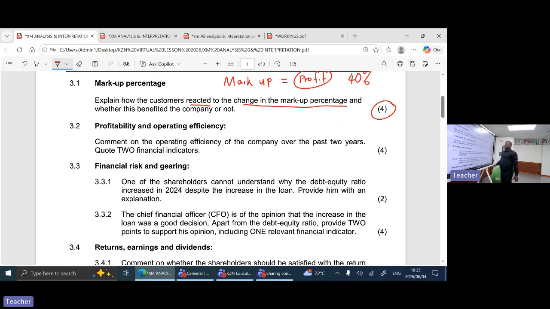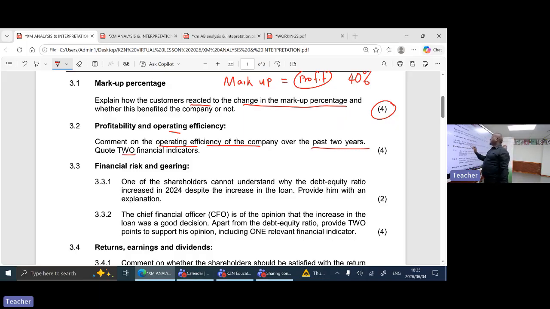Question 3.2, profitability and operating efficiency. Remember, I said earlier, profitability is whether we are profitable as a business. Operating efficiency will be your operating expenses as well as operating profits. Comment on the operating efficiency of the company over the past 2 years.